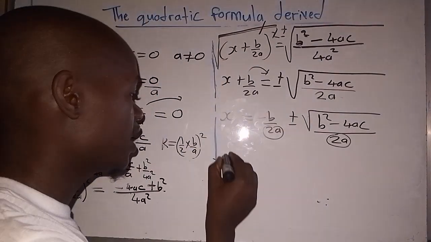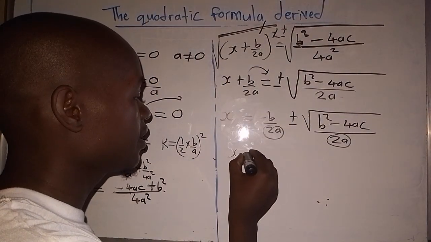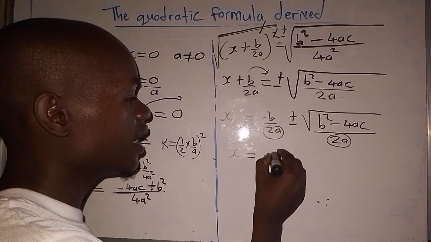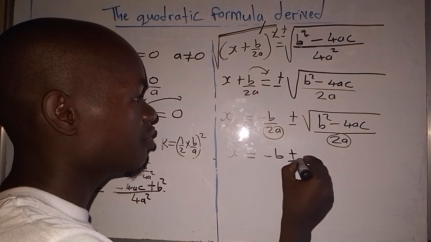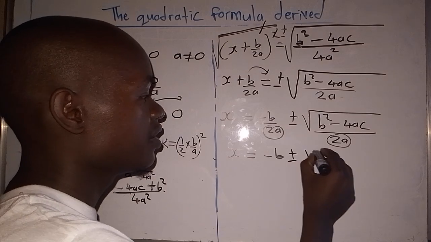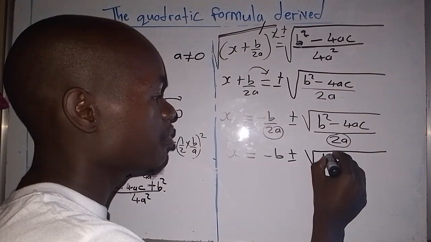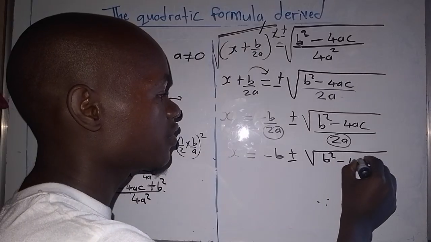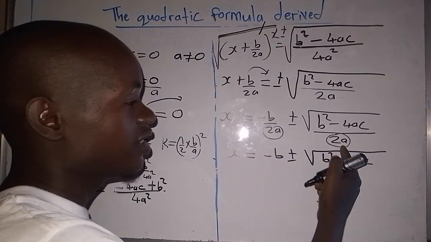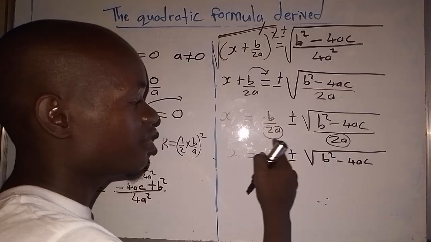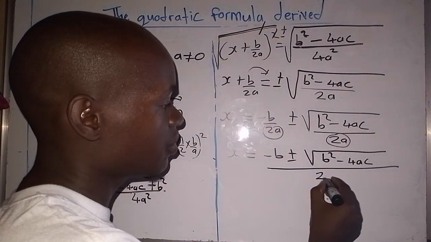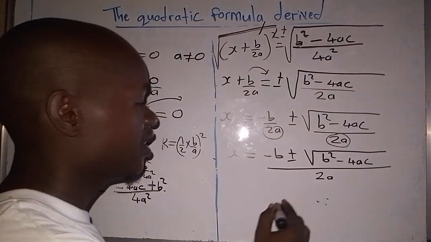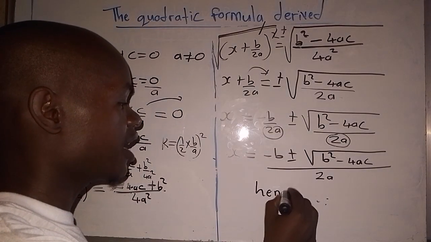So in this case, our x equals negative b, then plus and minus the square root of b squared minus 4ac, and now I put this under one denominator, meaning everything is divided by 2a. You see that? Hence, derived.